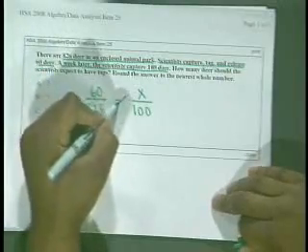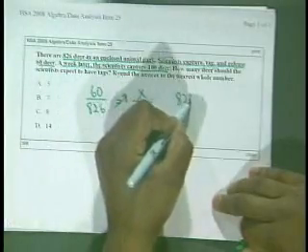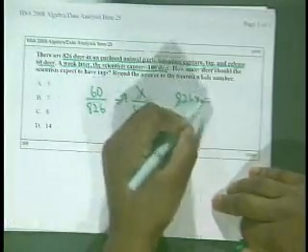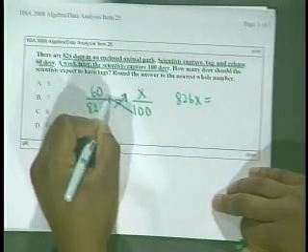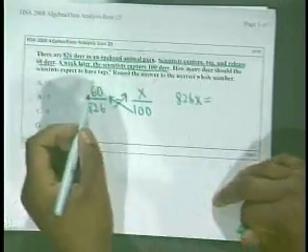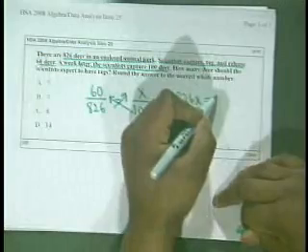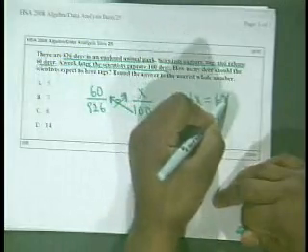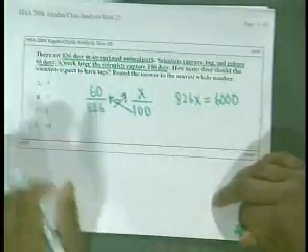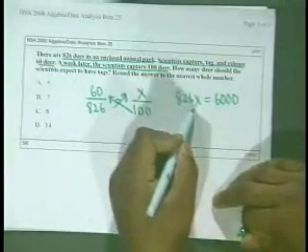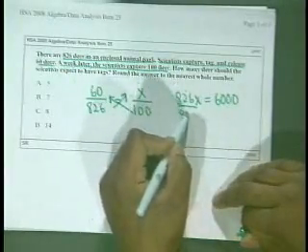So if we cross multiply, we would have 826 times x equals 60 times 100. So 60 times 100 would be 6,000. Next, to solve for our variable, we're going to divide both sides by 826.